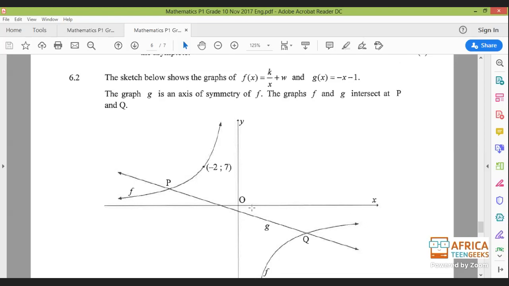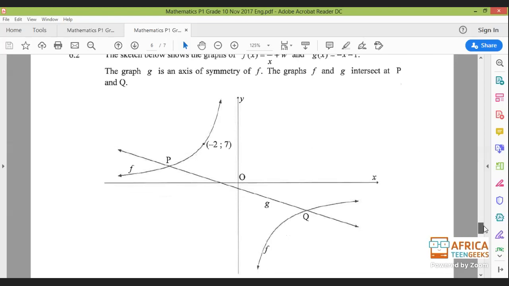So you need to be able to get the asymptote of f. The asymptote is where the f touches the y-axis, basically.